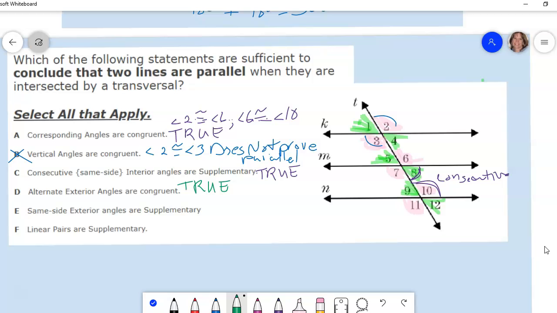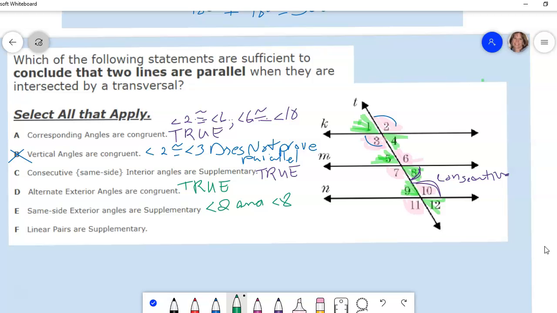Same side exterior angles are supplementary. This one is a little bit tricky because it's not directly one we have learned. Same side exterior angles would be, for instance, angle 2 and angle 8. If we look at that, they are on the same side of the transversal, and they are also different colors.